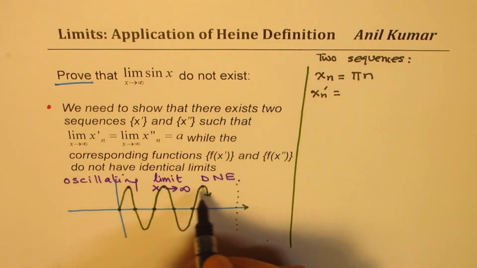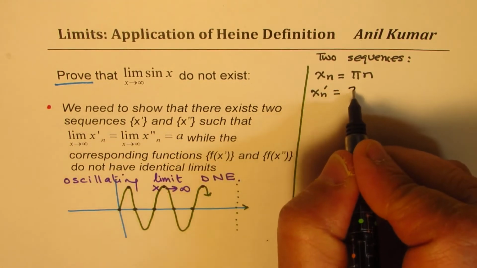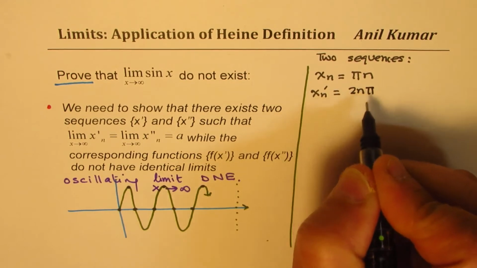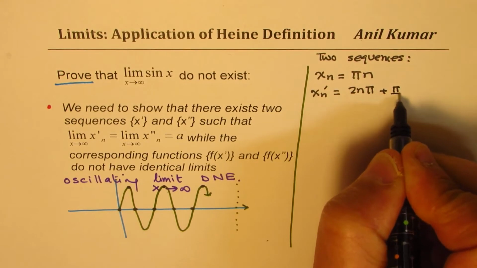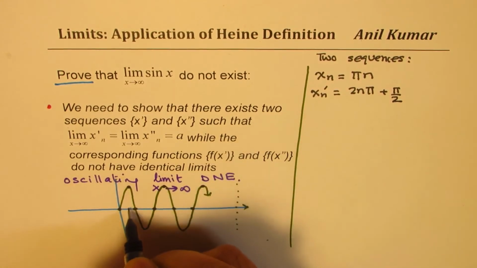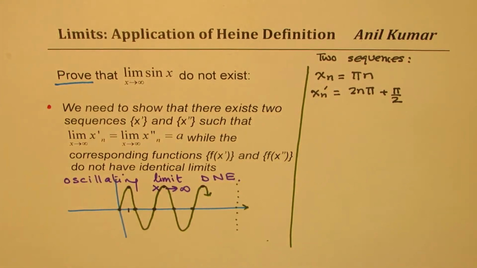So every pi by 2, we could take that like this. We can say, well, let it be 2n pi, which is basically a time period, plus pi by 2, right? So at pi by 2, we are going to get the value as 1, correct?